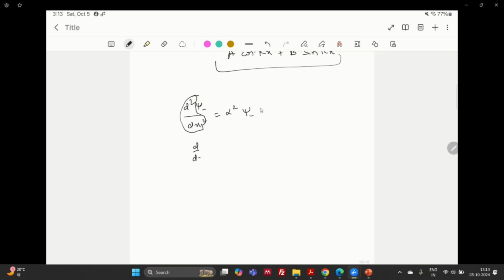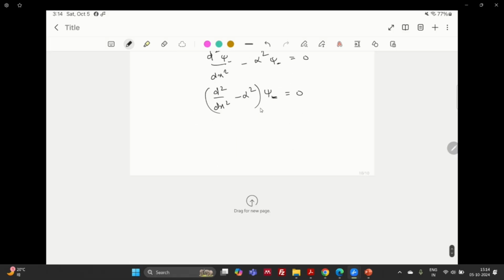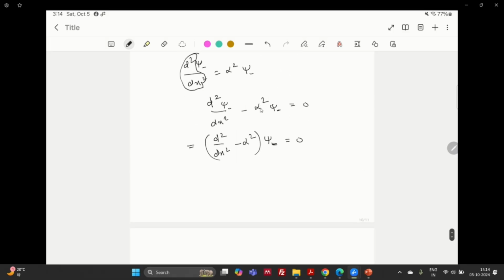First let me take this here: d2 psi by dx square minus alpha square psi minus equal to 0. Let me take psi minus outside, so this will become d2 by dx square minus alpha square, psi minus equal to 0. I can write it like this. I just took this psi minus out.